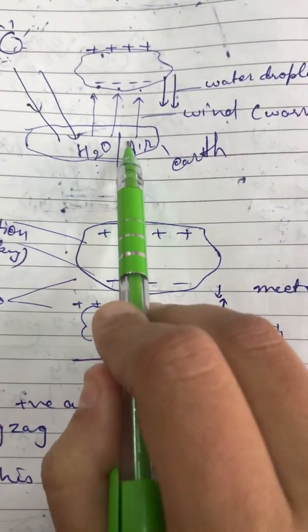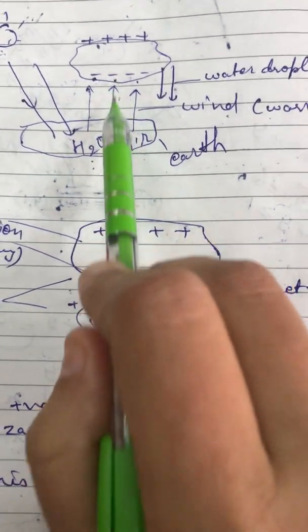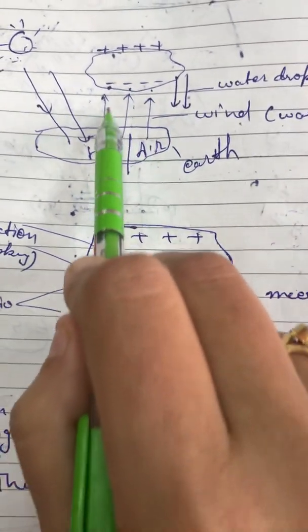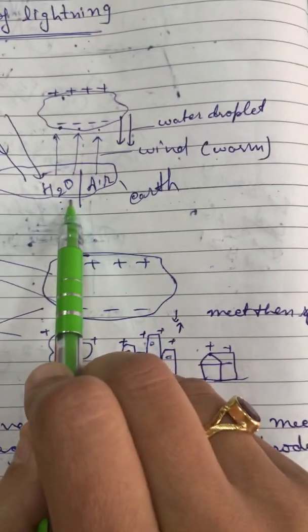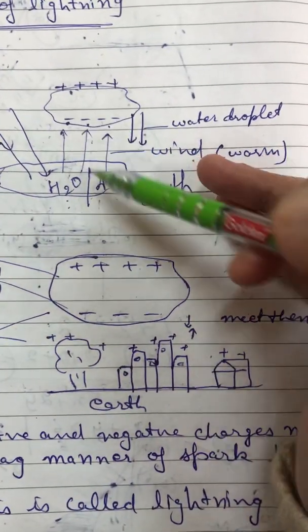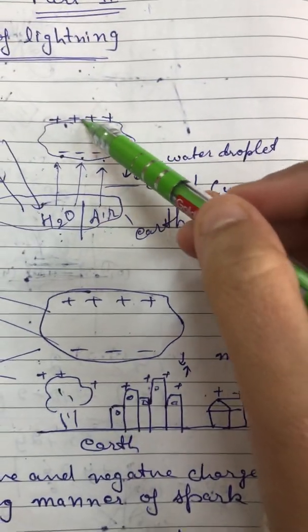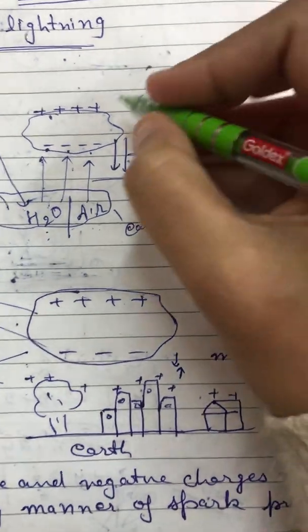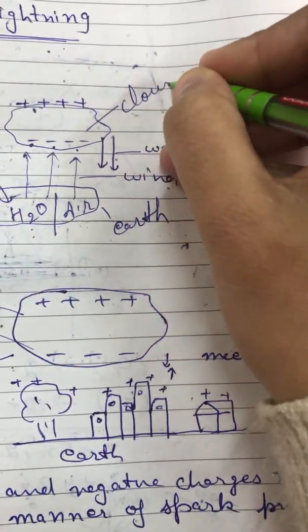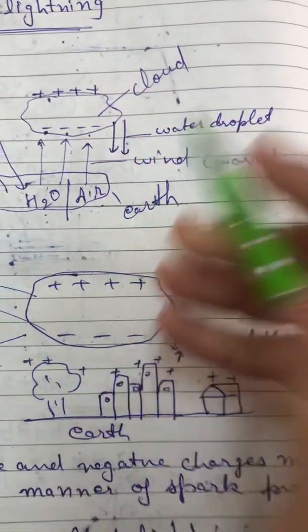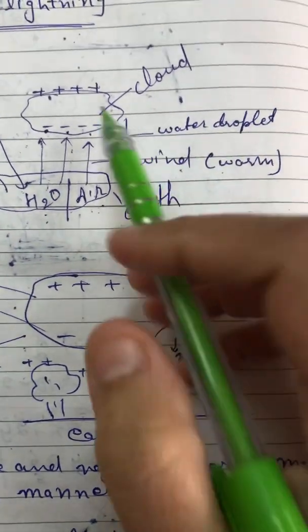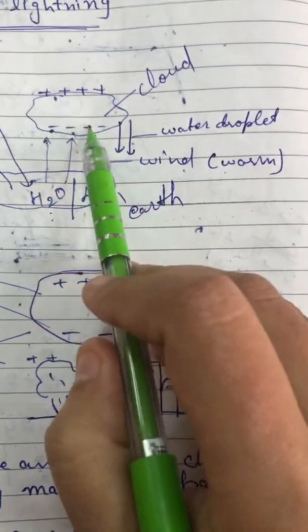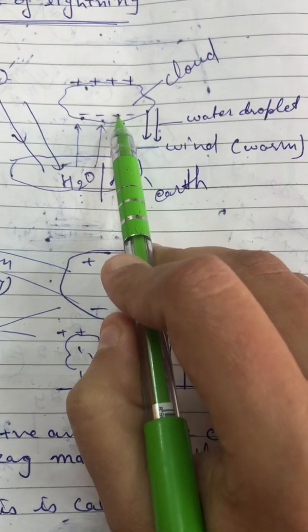So the warm air or wind moves upward due to sun rays. These upward moving air or wind carry water droplets in it, and these air and water droplets form clouds. This is a cloud.